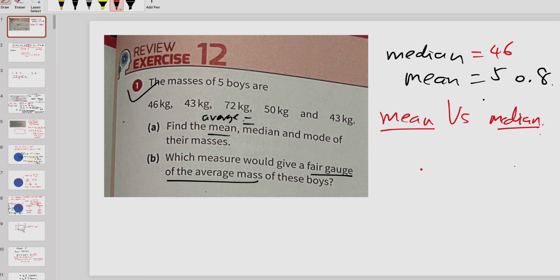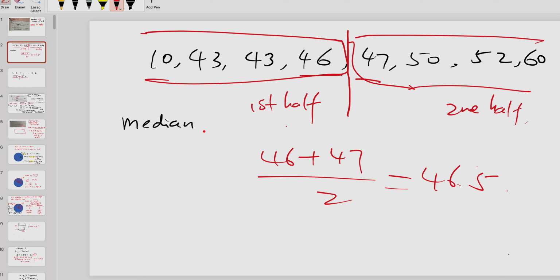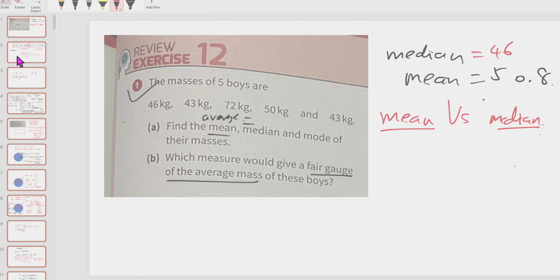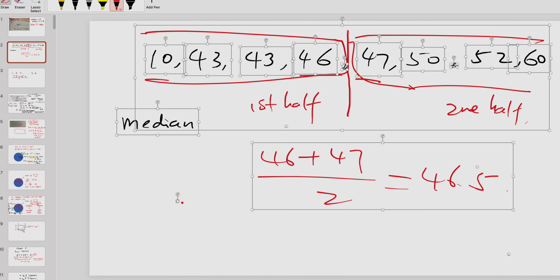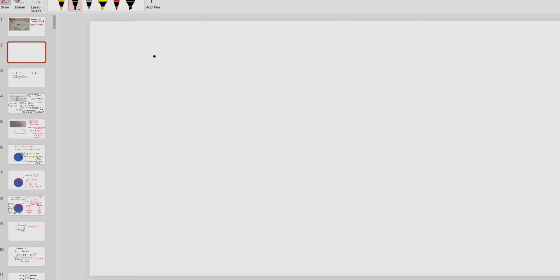Okay. I need to give you an example. Let's say you have 10 students, and the score of student 1, student 2, student 3, until student 10.